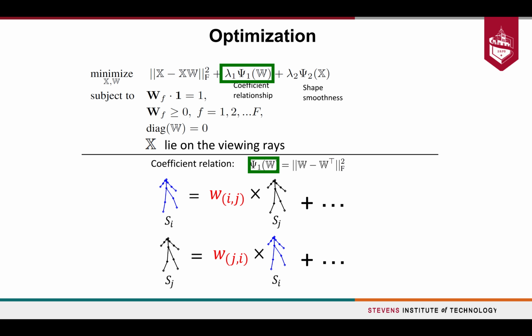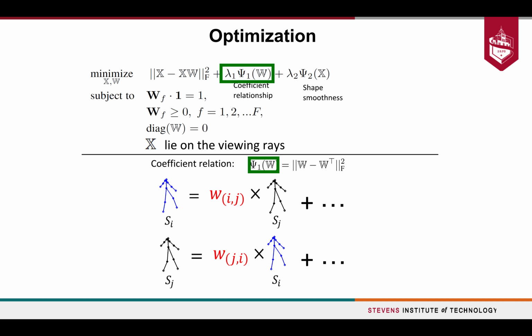And the second term is the coefficient relationship. We suppose the weight is close to symmetric, since if the frame expresses u, u should be expressed by u.